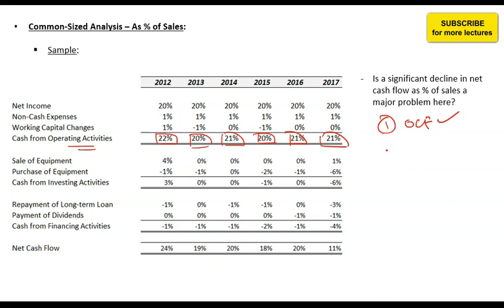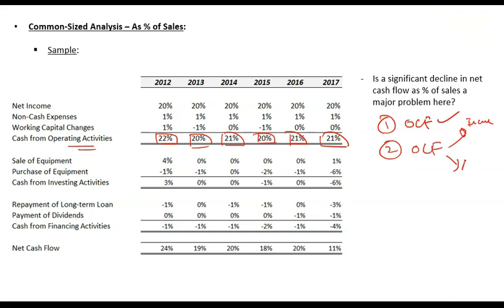So the first question is looking at OCF and finding out whether OCF is stable or not. They are stable. The second is whether the source of OCF is stable or not. As we discussed, OCF can be derived through two sources: one is your income and the other is changes in working capital. You need to find out whether this OCF is coming from net income or from working capital changes.